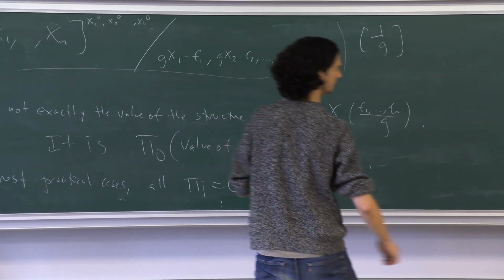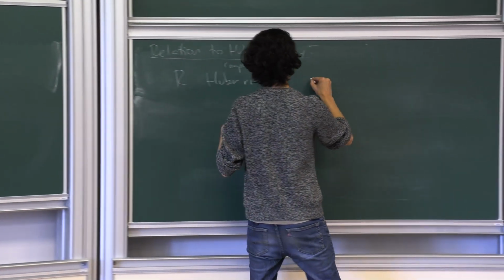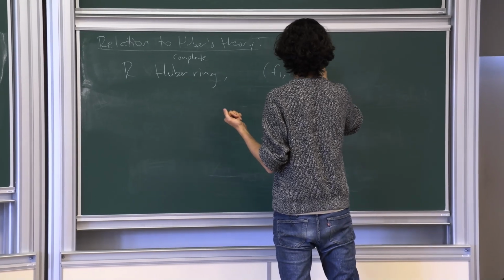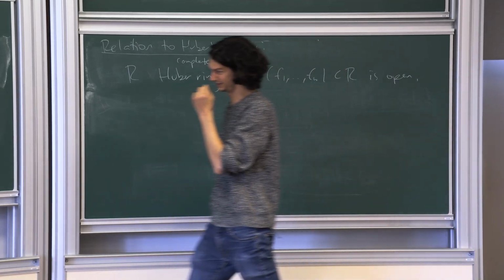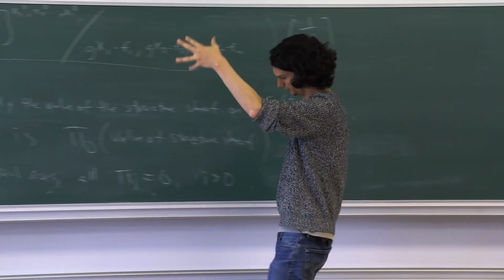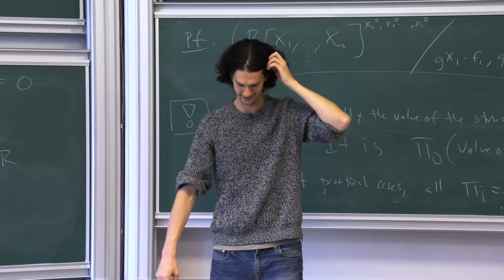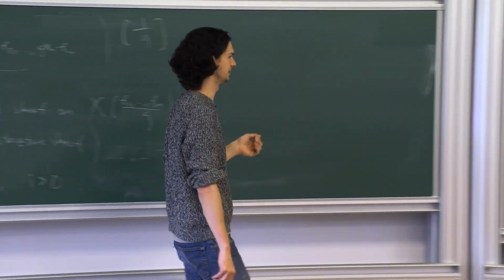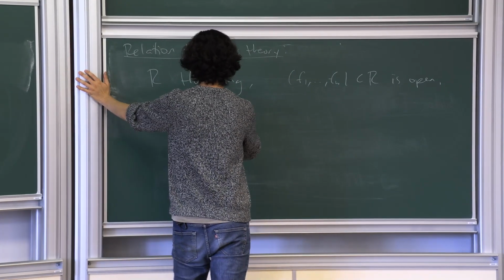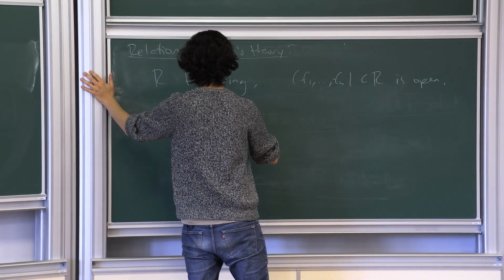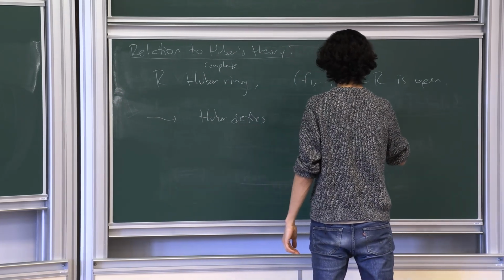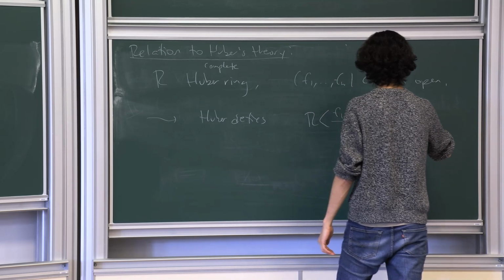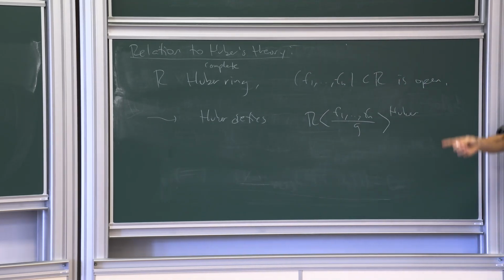And if the ideal generated by F1 up to Fn inside R is open, which is the condition that describes rational opens in the space of continuous valuations as opposed to the space of arbitrary valuations, then in this case Huber defines the ring of functions here. And you could ask what the relationship is with this thing that comes from the solid theory.